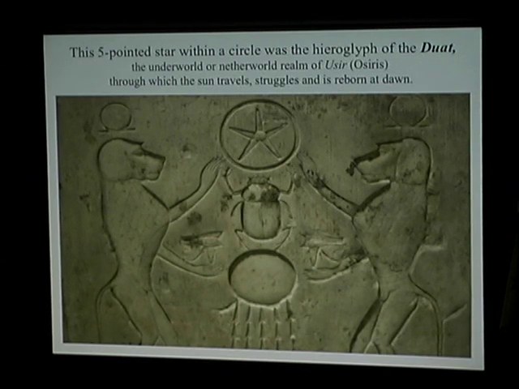And you can see here the baboons in deep worship. Here's the keper, the beetle, a hieroglyph which means to exist, to become, to transform, and it's raising the star of the glyph of the Duat up to the sunrise to be born.